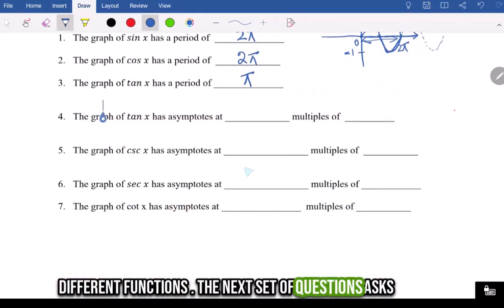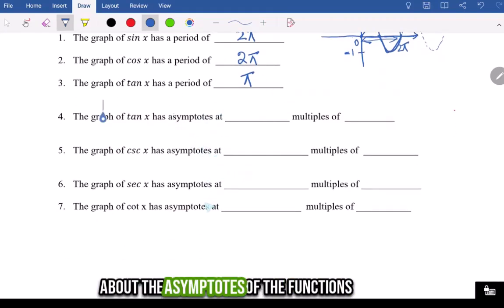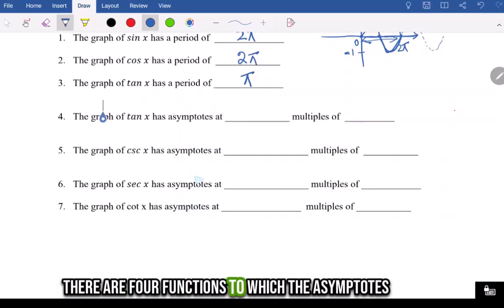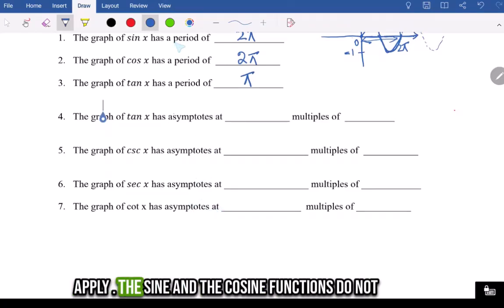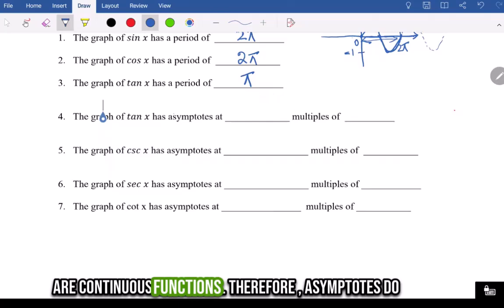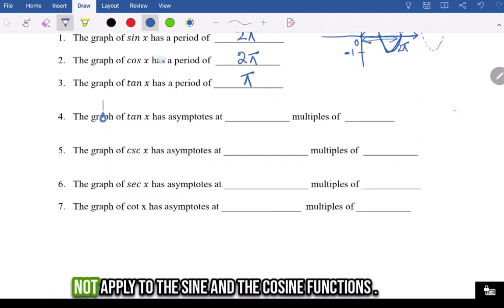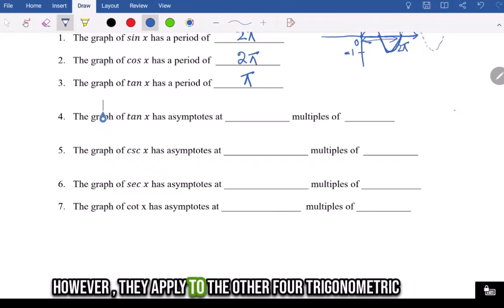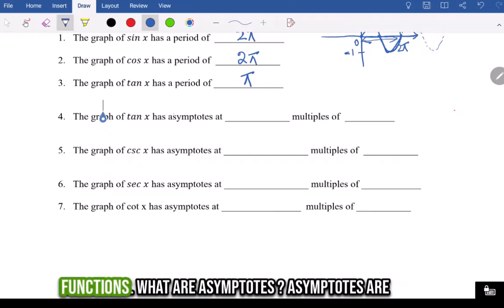All right, now that's about the period of the different functions. The next set of questions ask about the asymptotes of the functions. There are just 4 functions to which the asymptotes apply. The sine and the cosine functions do not extend beyond negative 1 and positive 1. They are continuous functions. Therefore, asymptotes do not apply to the sine and the cosine function. However, they apply to the other 4 trigonometric functions.